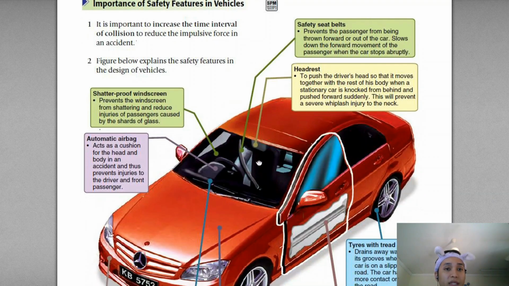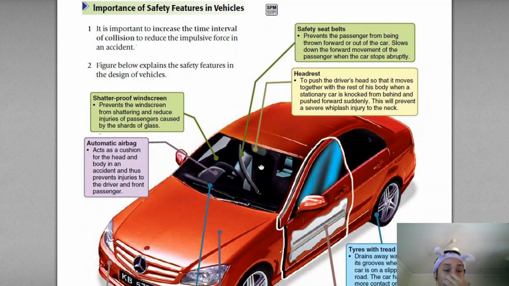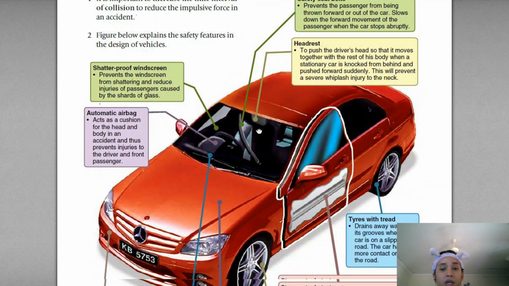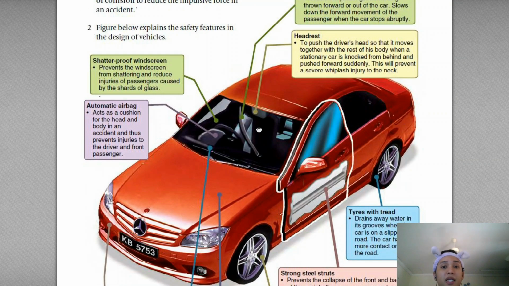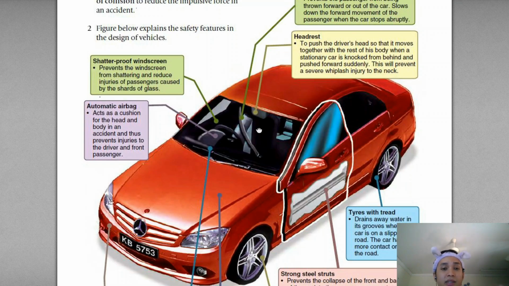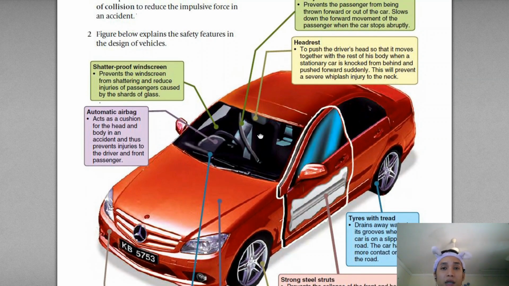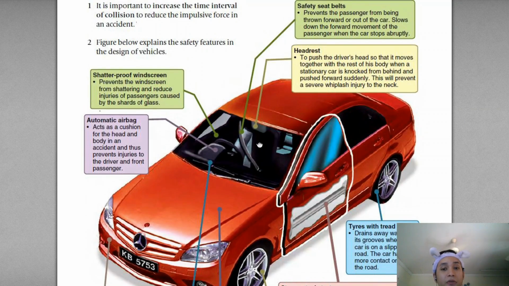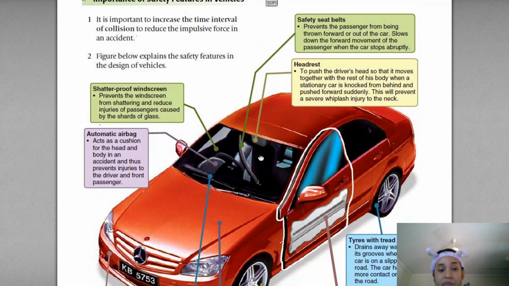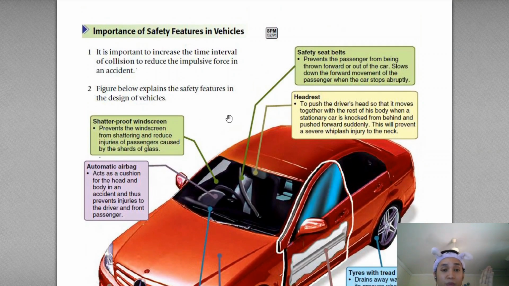Alright, so this one is an example of safety features in your car. When they design the car, they need to make sure that if you are in an accident, your impact time will be longer so that your impulsive force will be smaller and you don't get injured.